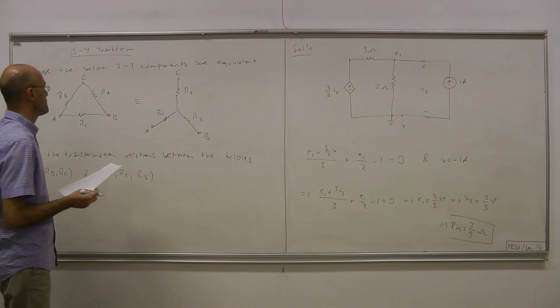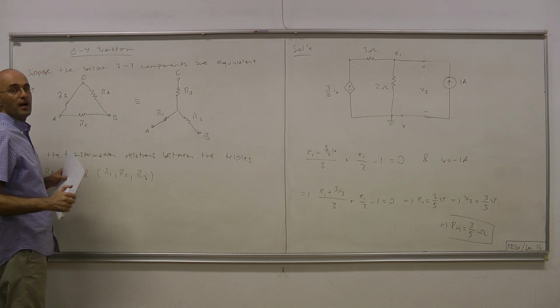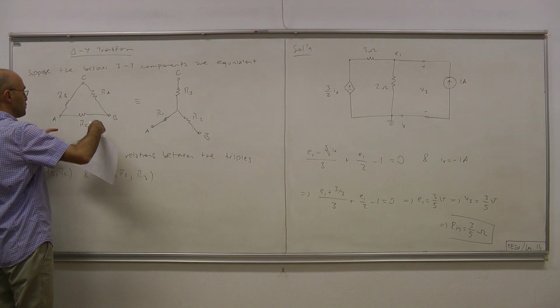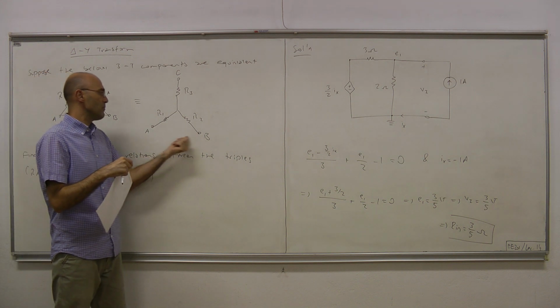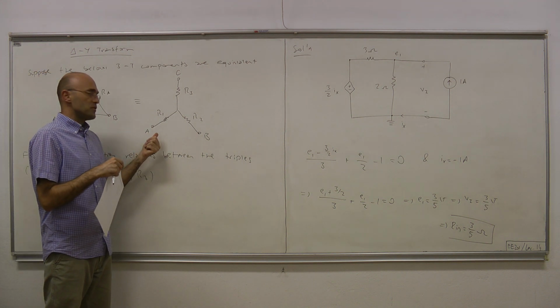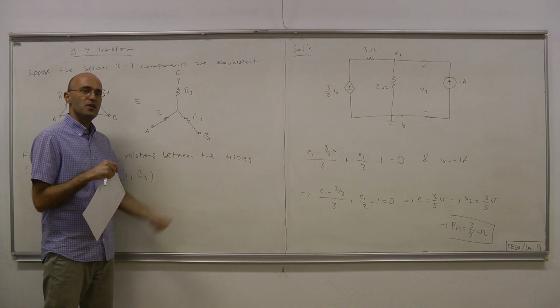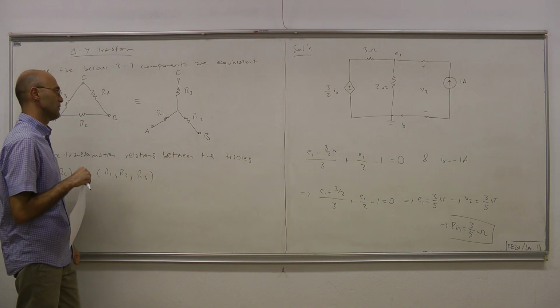Okay, and here is the idea. If these two things are identical, if I measure input resistance seen from the terminals A and B here, it must be the same input resistance measured from terminals A and B in the second circuit.